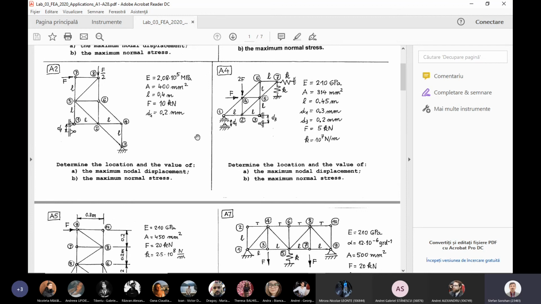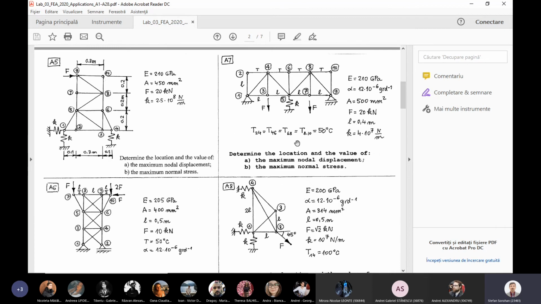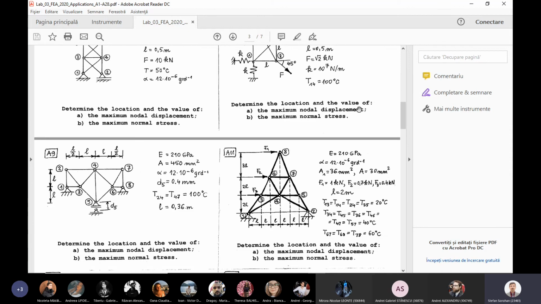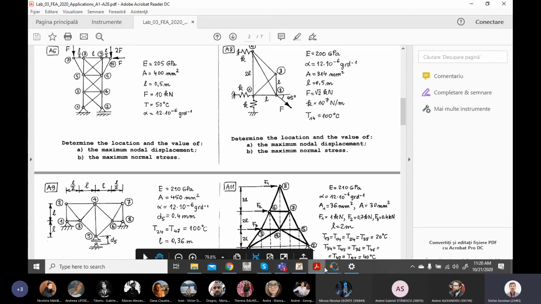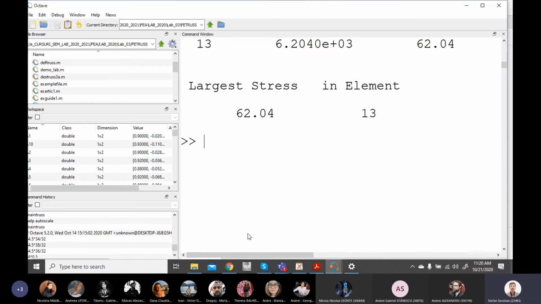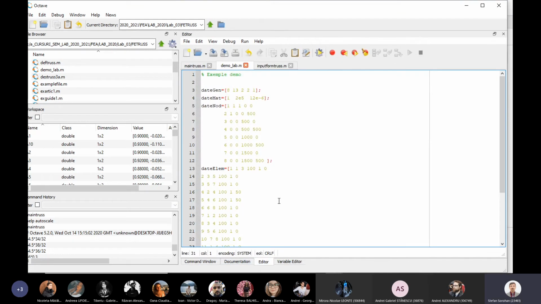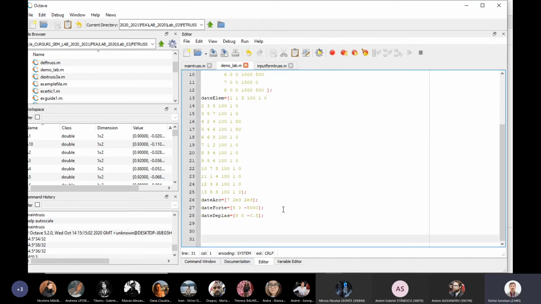So this is an imposed displacement, this is an imposed non-zero displacement, springs, and here you have coordinates in meters, don't make mistakes. And here is not a problem. For example, you can use square root of 2 also in the code if you want. It is possible to put it here in code instead of the value.